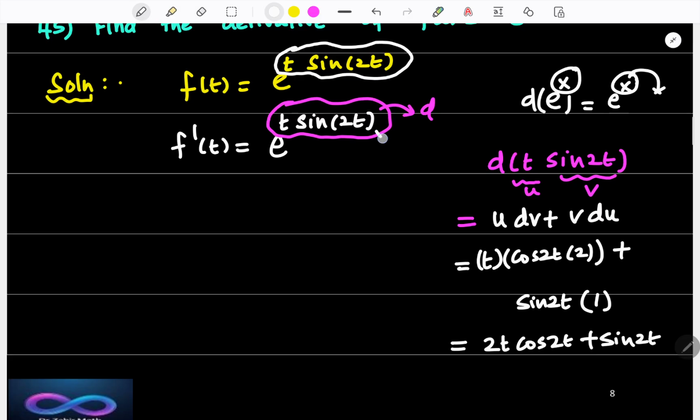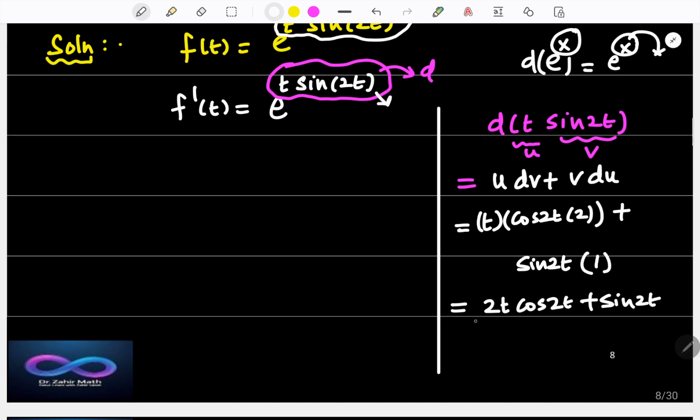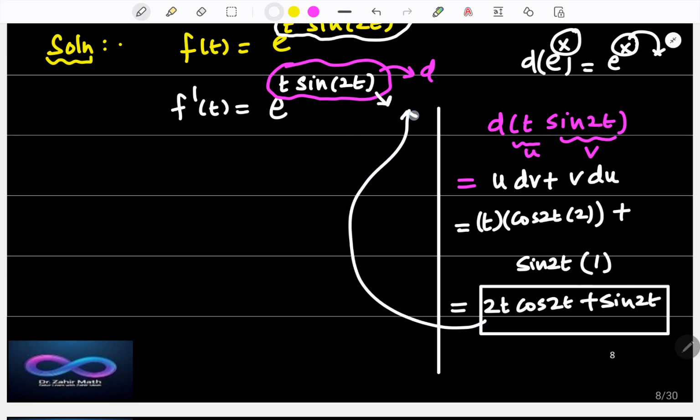So you are going to get the derivative of this one. So let me have a small line here. Okay. So now the derivative part is here, right? So this derivative I'm going to attach here.